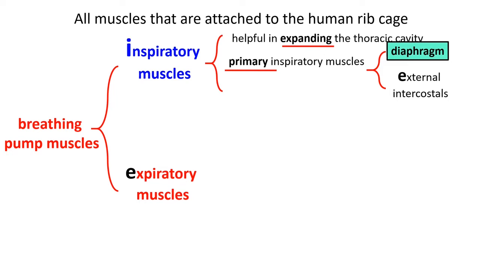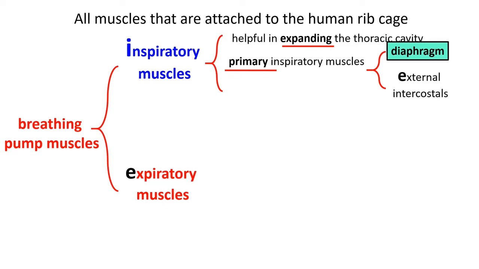As the name indicates, according to the basis of naming muscles, external is location, it is on the outside, and intercostal indicates the location.